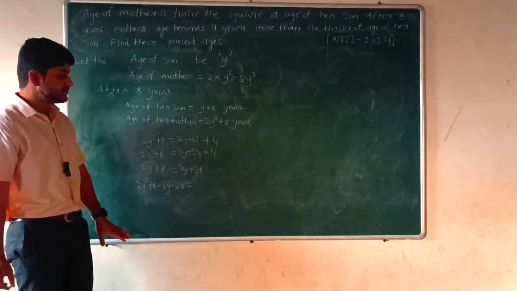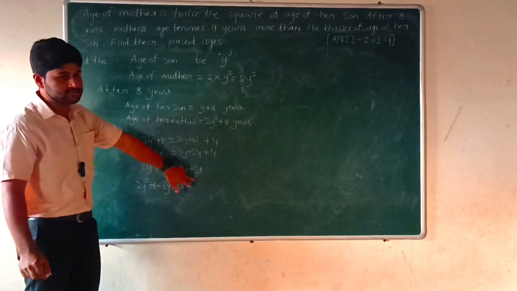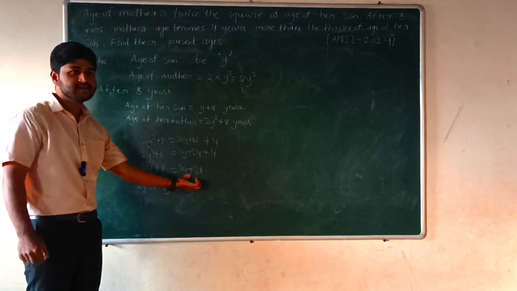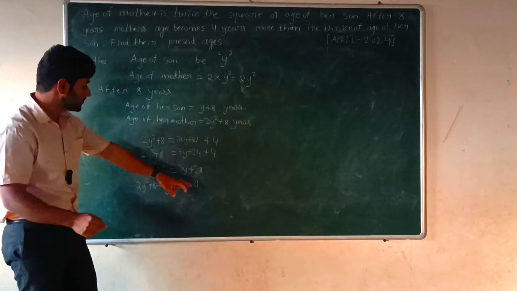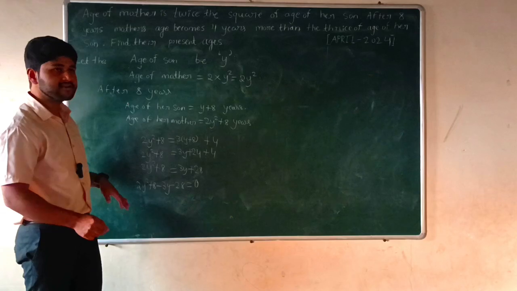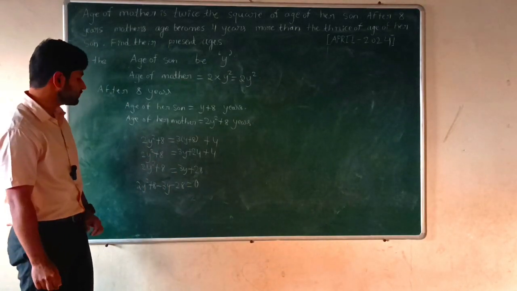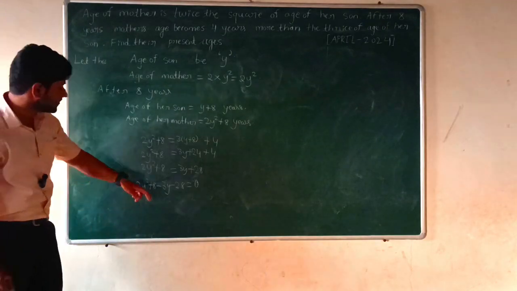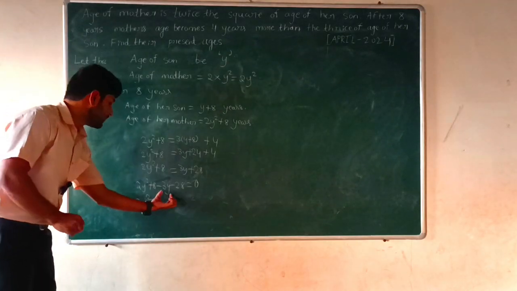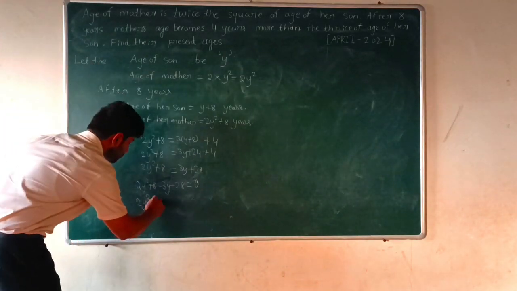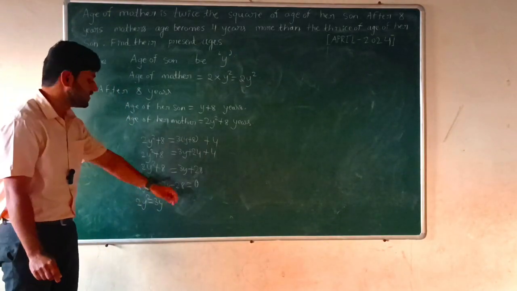Okay, and after I have taken everything here to the left hand side, what does remain here? There is nothing. So what do we call nothing? We call nothing as 0. So after taking 3y and 28 both to the left hand side, what remains here is only 0. So after doing all these steps, I think we can further simplify this. 2y square, minus 3y here, and add these numbers, plus 8 and minus 28.